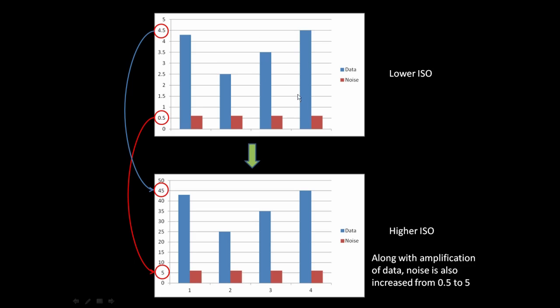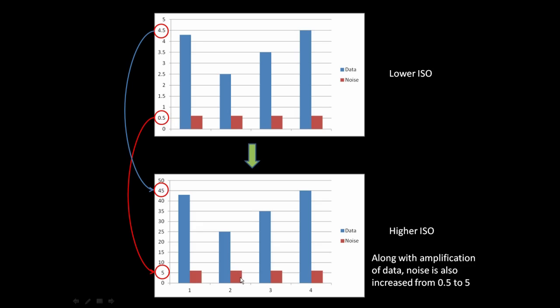So as a result of bumping up your ISO, the highest peak of data is now represented by 45. So your data has been amplified from 4.5 to 45. As a result of increasing your ISO, your noise has also been increased from around 0.5 to 5.